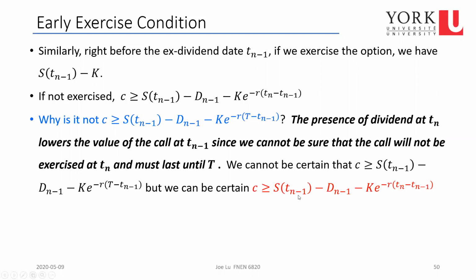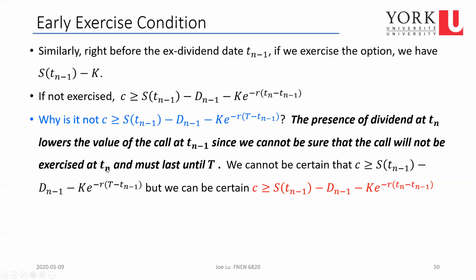So why? Well, the reason for that is we have a dividend payment at Tn, an earlier period. And because of the dividend, the presence of the dividend at Tn lowers the value of the call at Tn minus 1, because we don't know whether the call will be exercised at Tn or not.